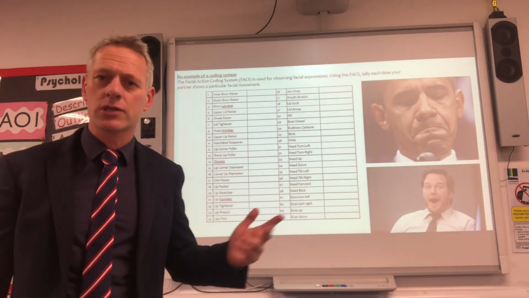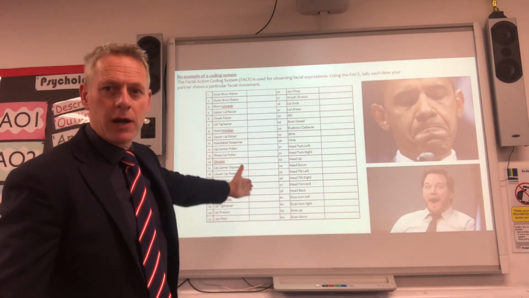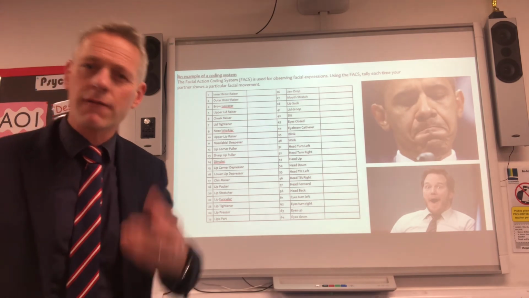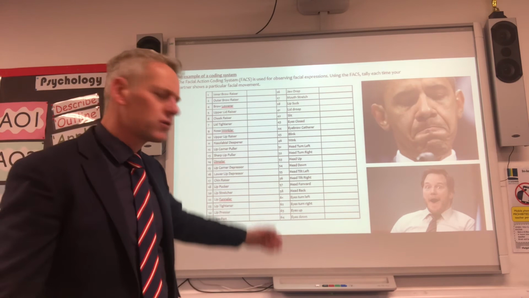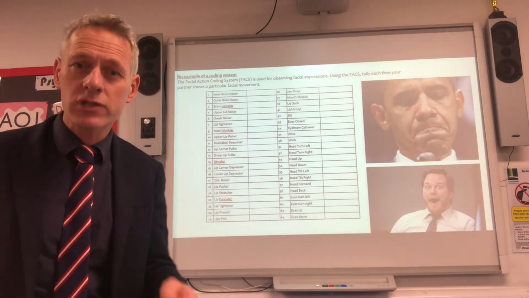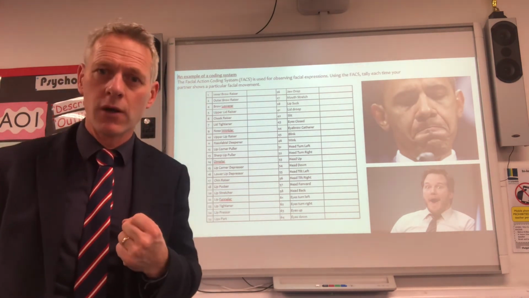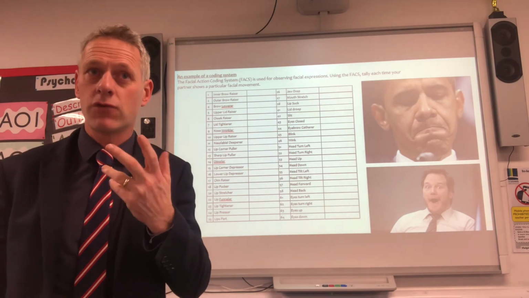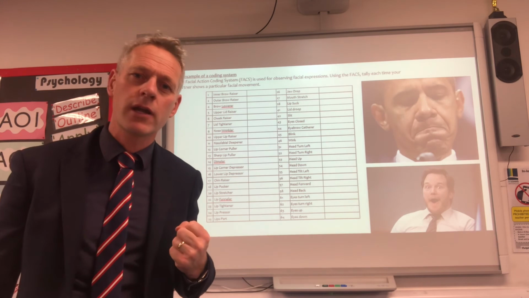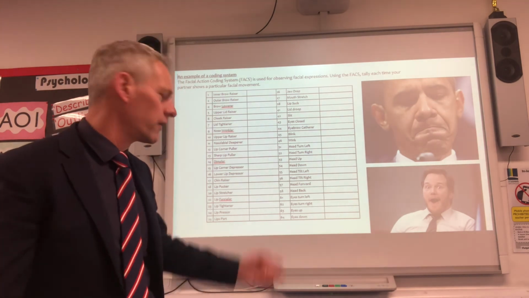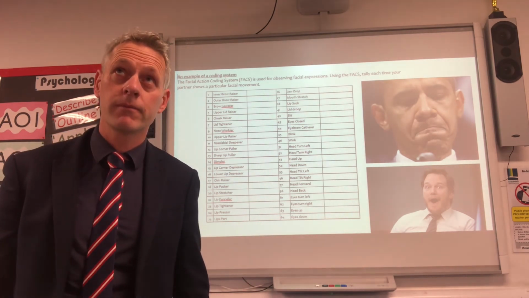Now you can see here, this published coding system breaks facial expressions right down into 64 different types of facial movement, all of which can be interpreted for what those expressions, what those exact things our face is doing, means. There are simple ones, aren't there? Eyes up.